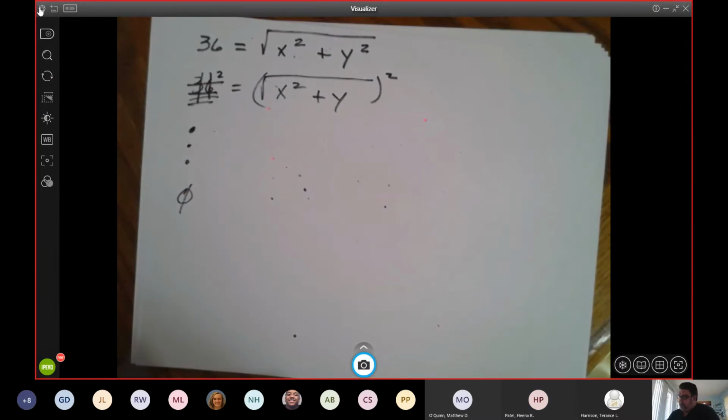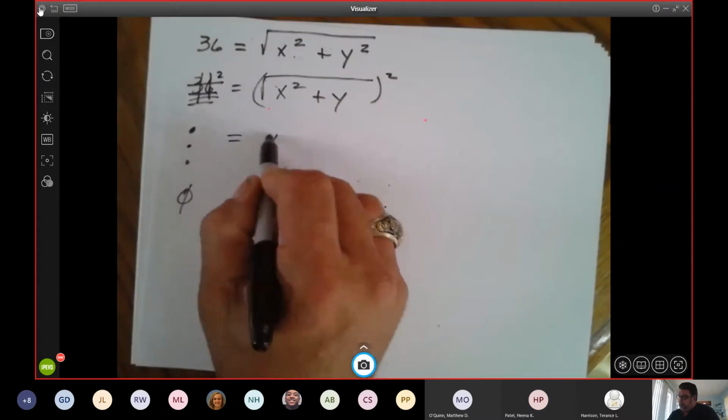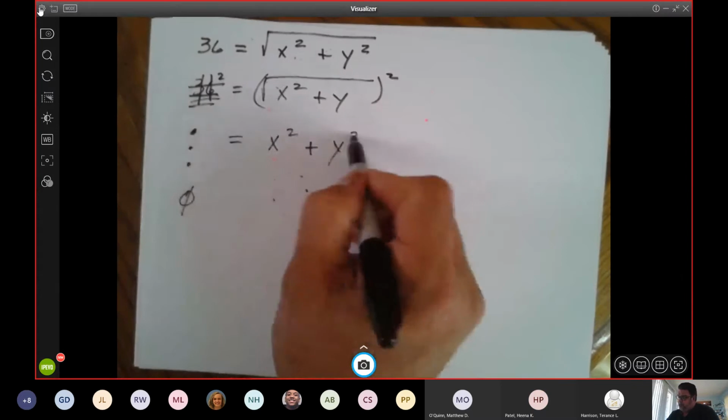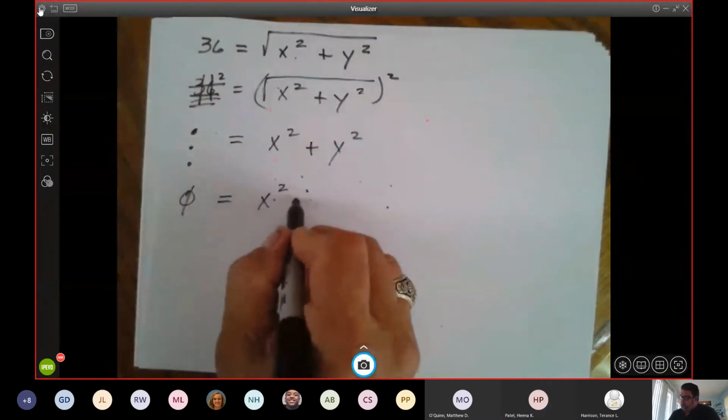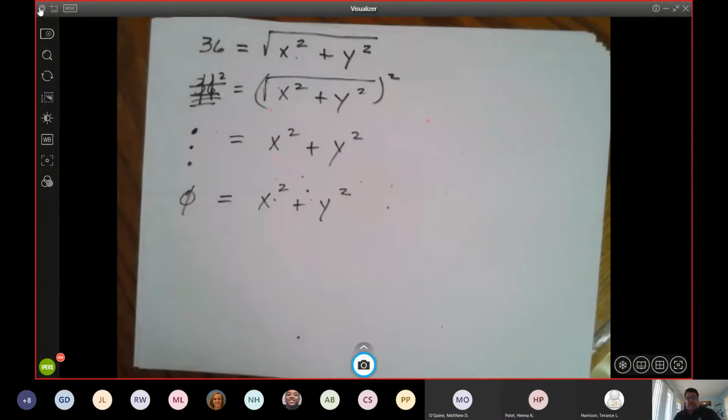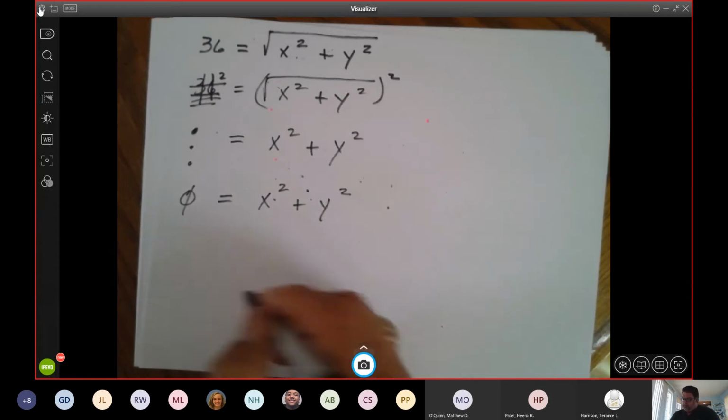Over here we get x squared plus y squared. And if you take the derivative, we've done this before, that's not the problem. The x squared plus y squared, you solve it, you get y prime.